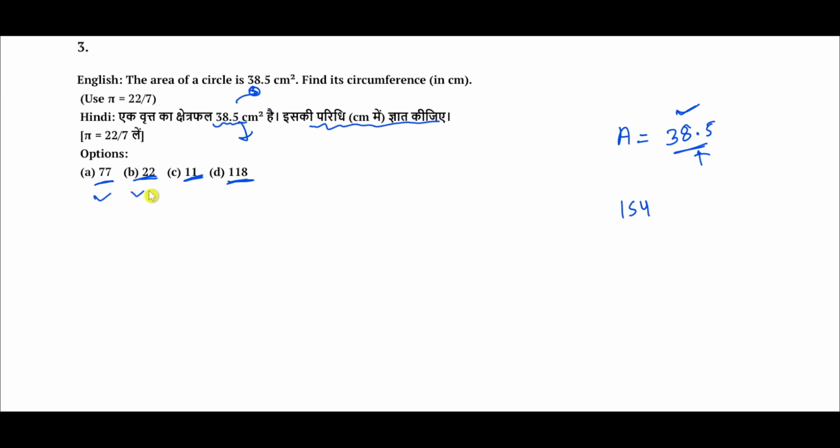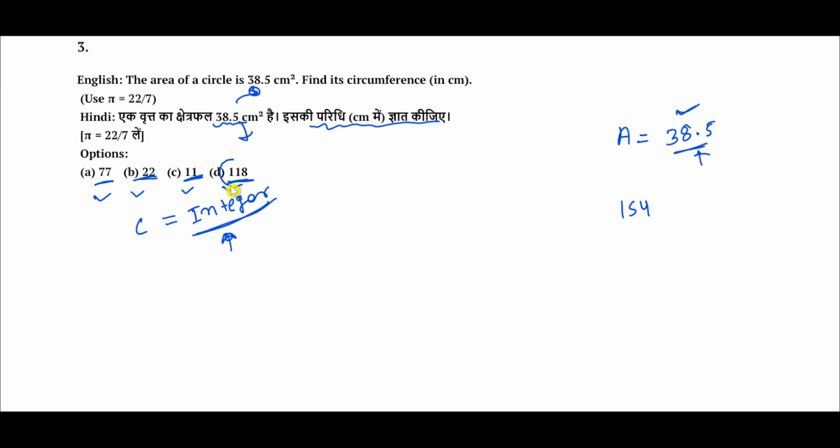The nature of options are integers, that means my circumference will be in integers. Now I know this thing, circumference is only possible in nature of integers when I take radius 7 or multiple of 7. I assume radius 7, that is the reason.